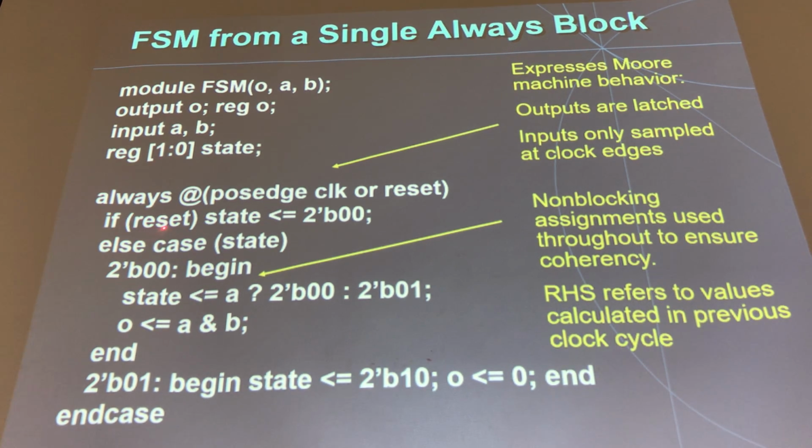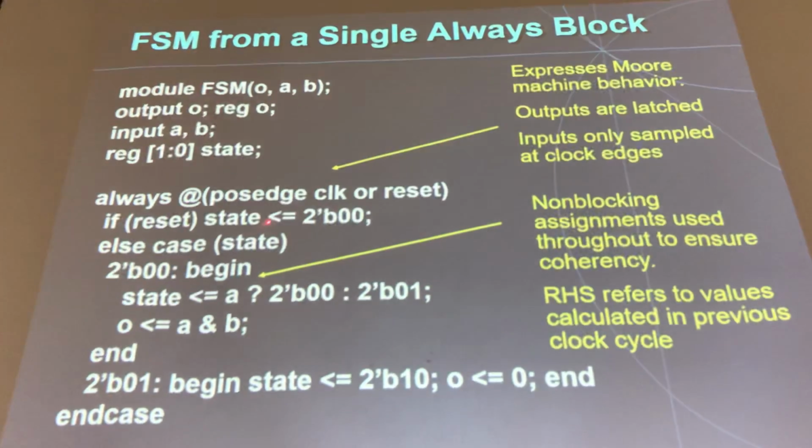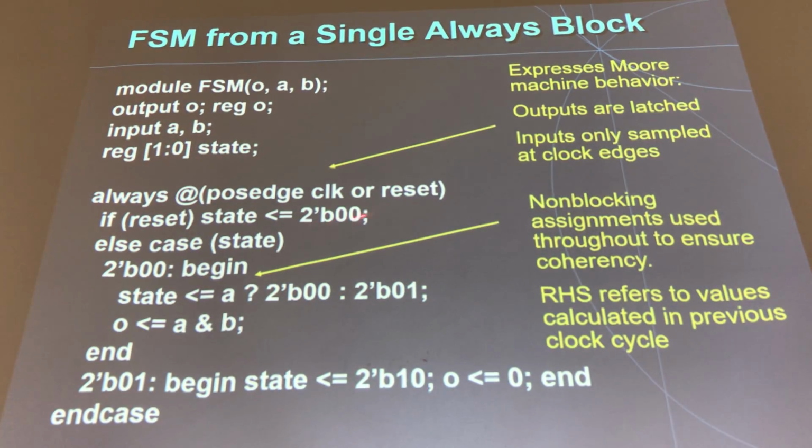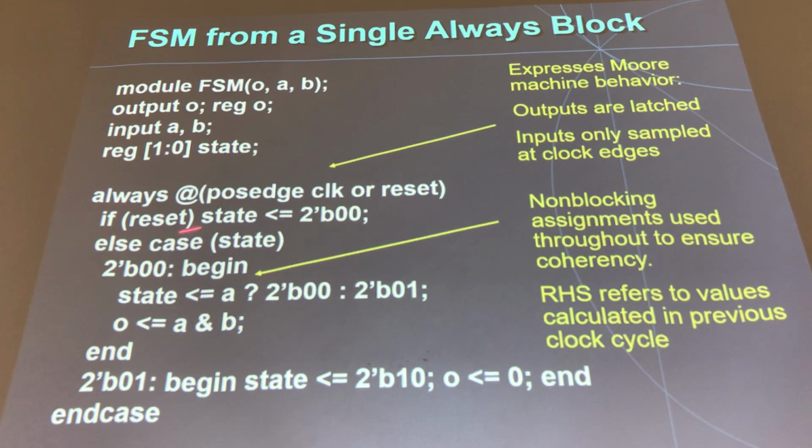If reset is set, then the state register is set to the initial value 0, 0. Otherwise, reset is off and there is a clock signal edge. Then we look at the state value. If 0, 0, the new state depends on the A value, 0, 0 or 0, 1. Update the state, and the output is A and B.